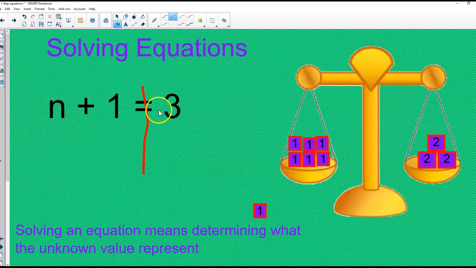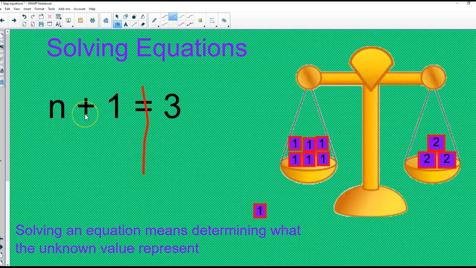And this is your left side, and this is your right side. Okay? So we want to get rid of this plus 1 here. We just want to be left with an n. We want to be left with our variable on the left. Okay? So we can't just totally get rid of it. We've got to move it and we've got to rearrange our problem.